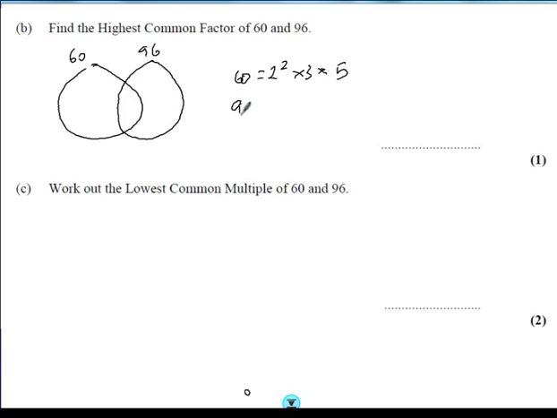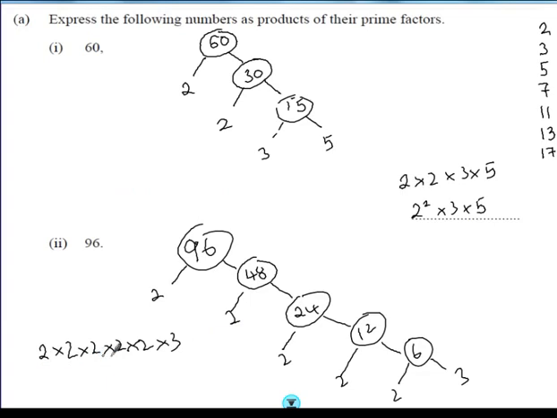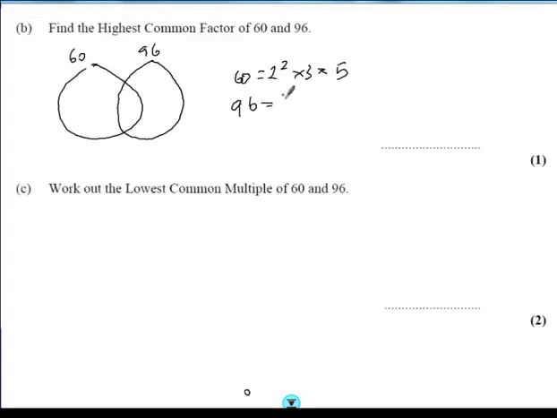And 96 is 2 to the power of 5 times 3. We're going to represent these products of prime factors in this diagram. If there's anything in both, we put that in the middle. If it's only in one or the other, we put it in the other part of the circle.